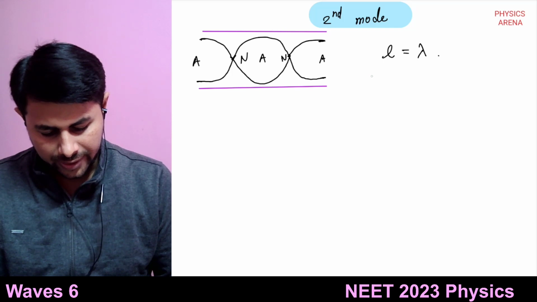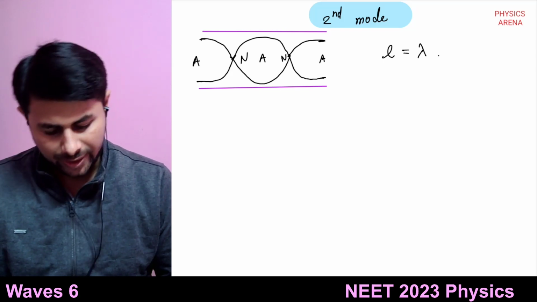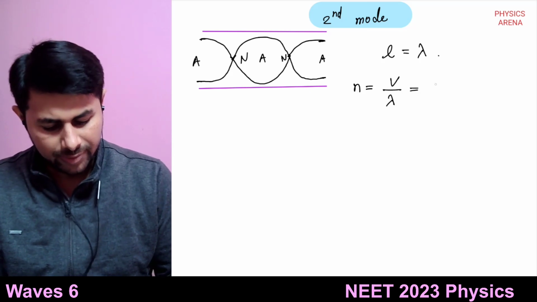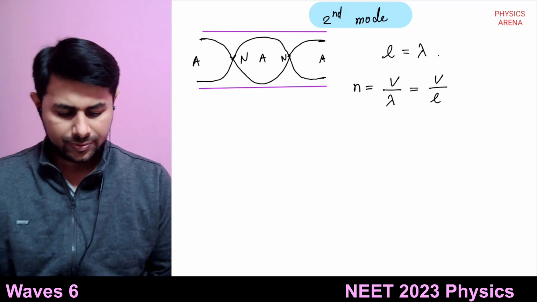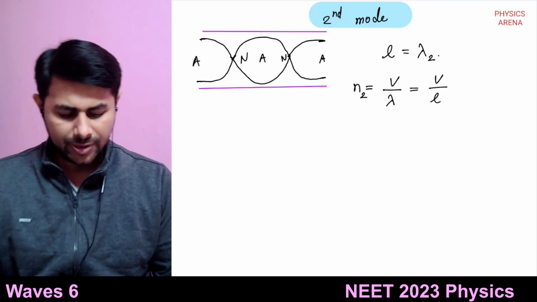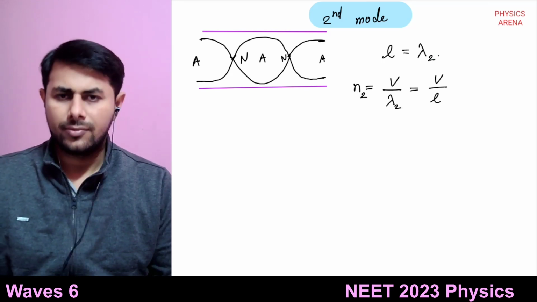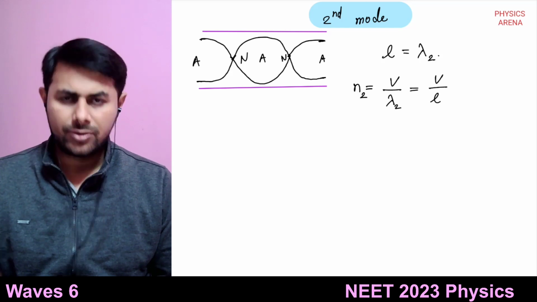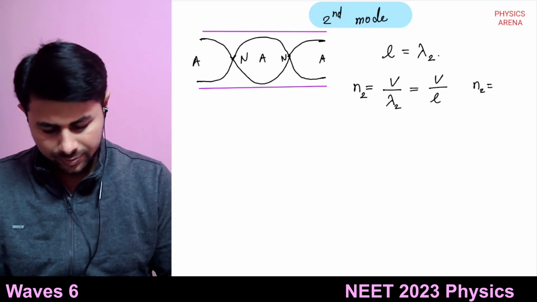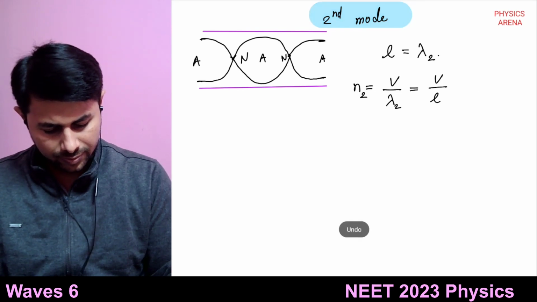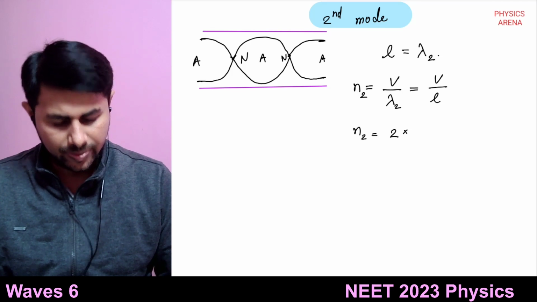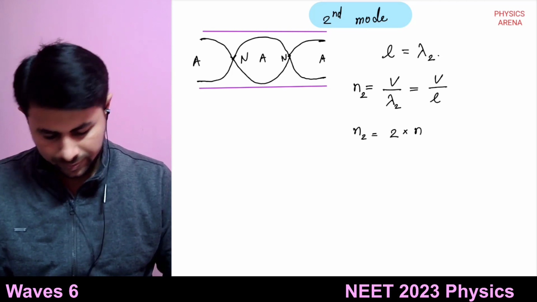And then we know V equals n lambda. So n is equal to V upon lambda, that means V upon L. This is second mode, so let's put suffix 2 there. So N2 is equal to V upon L. That means N2 is equal to 2 times the frequency of fundamental mode.